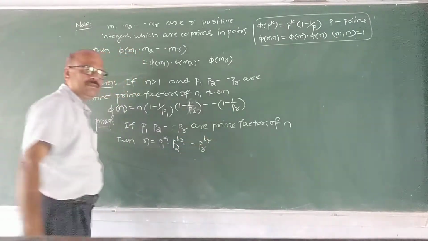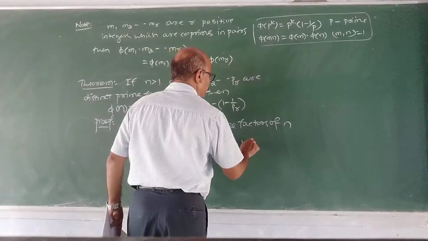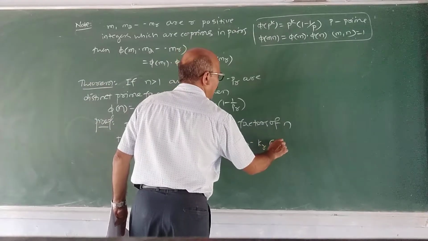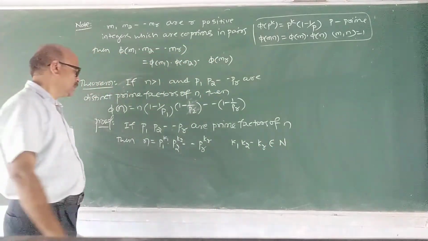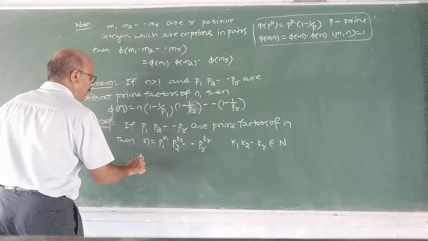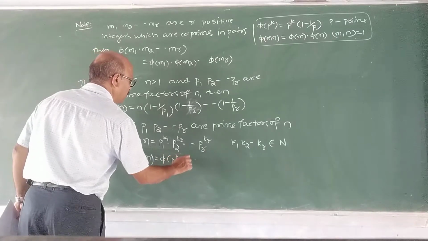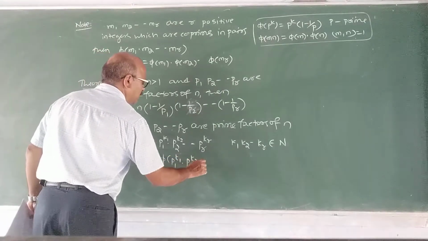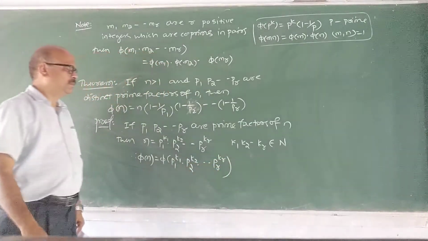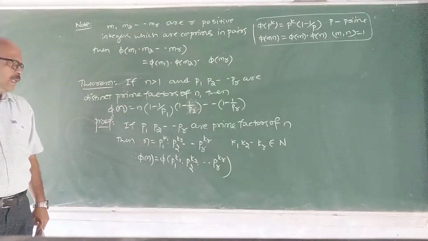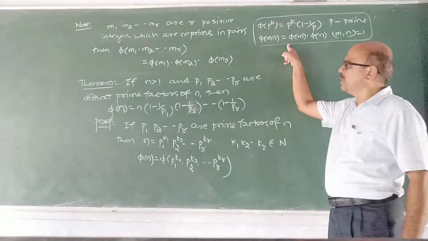etc., Pr raised to kr, where k1, k2, kr are positive integers. Therefore, phi of n is phi of p1 raised to k1 into p2 raised to k2, etc., Pr raised to kr. But using this, Euler's function is multiplicative.